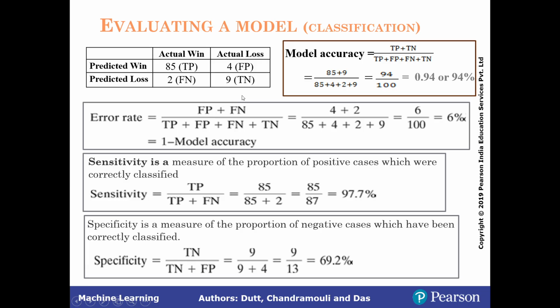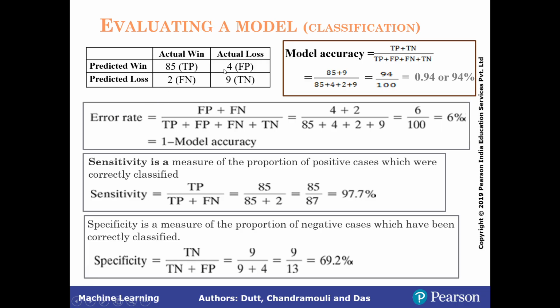Now coming to accuracy. Accuracy is nothing but the true values: true positive plus true negative by the whole thing. So 85 plus 9 by the complete sum, which is 100, so 94 by 100. 1 minus model accuracy gives you the error rate, or 1 minus error rate gives you model accuracy. Remember that.